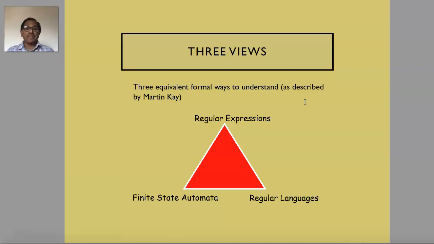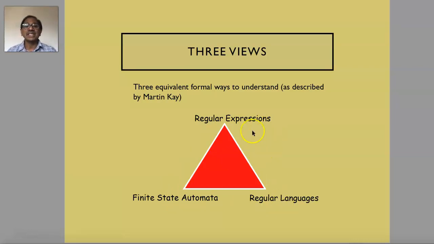So what we are looking at here is regular expressions, right? And regular expressions are used to describe regular languages. Regular languages can also be described by using finite state automata. In fact, you can use both regular expressions and finite state automata together to describe regular languages.